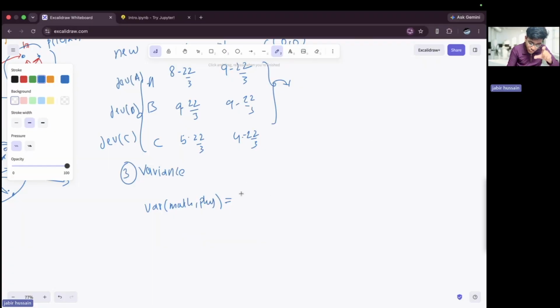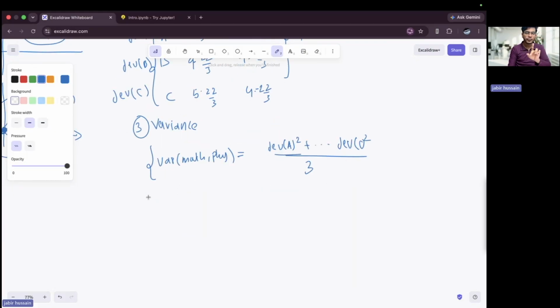So we take the squares of each deviation point, sum them. So deviation of A square plus deviation of B square plus deviation of C square divided by the total number of points, which are 3. So this will give you variance, and variance will tell you how much the given data varies.